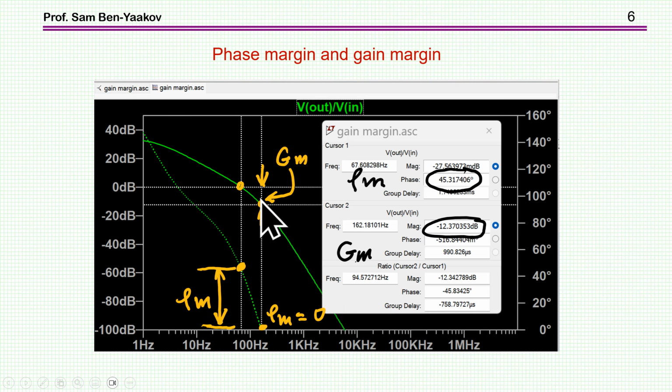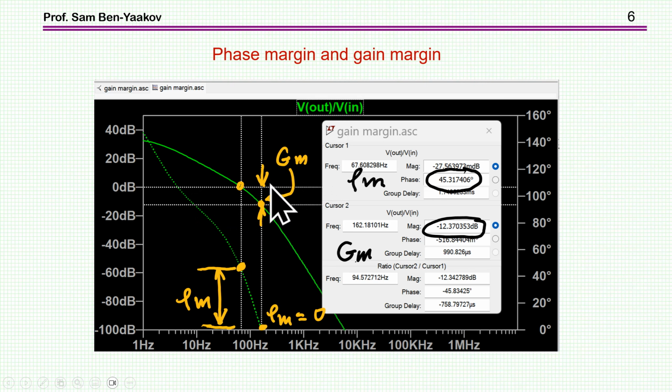Now the gain margin is something else. We look first of all for the frequency at which the phase is already 180 degrees, or 0 degrees in this way of looking at it. And then we look at the gain of the system at this particular frequency. And then the difference between the 0 dB and this point is the gain margin.